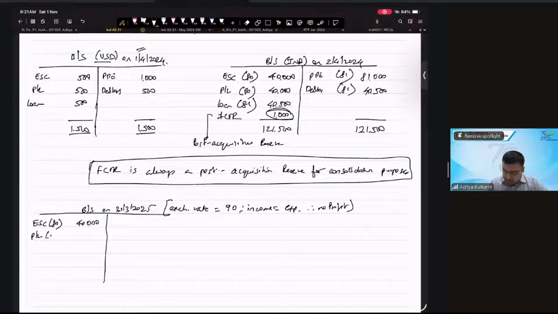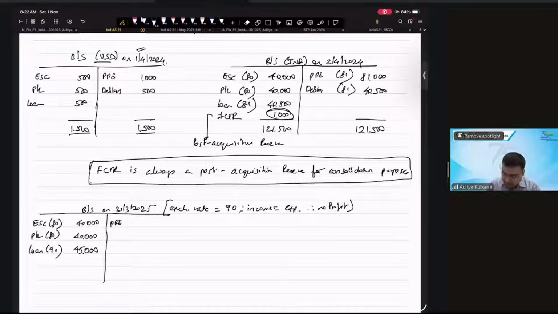Reserves, opening reserves only will remain because current year profit is 0, so nothing will be added. So this will be 40,000. And then you have a loan balance. Loan balance will come at 90. So 90 into 500, 45,000.